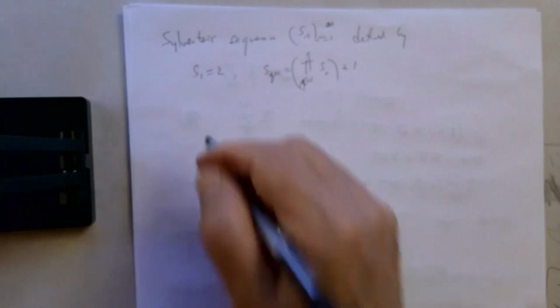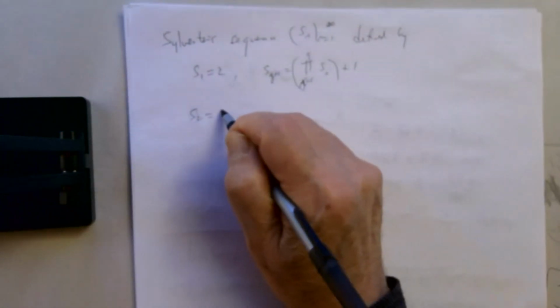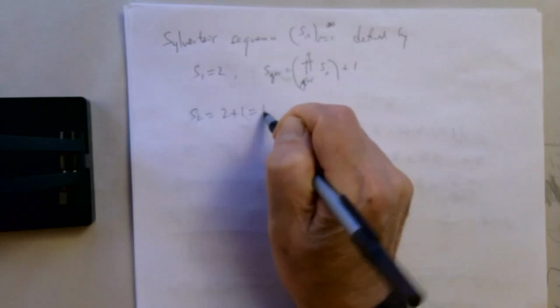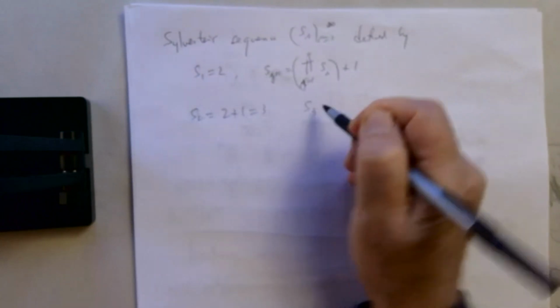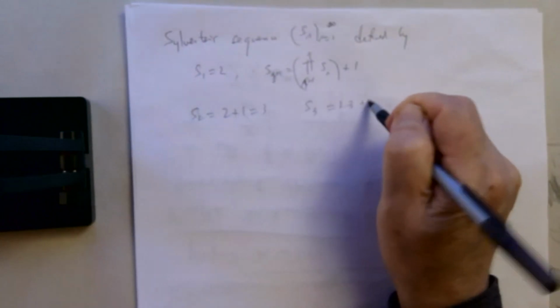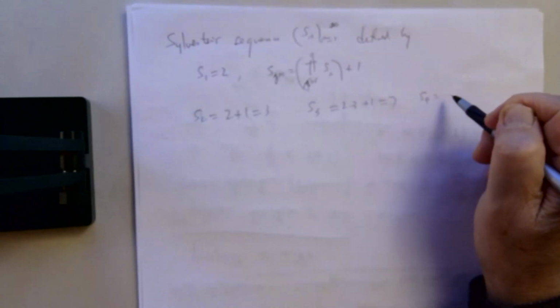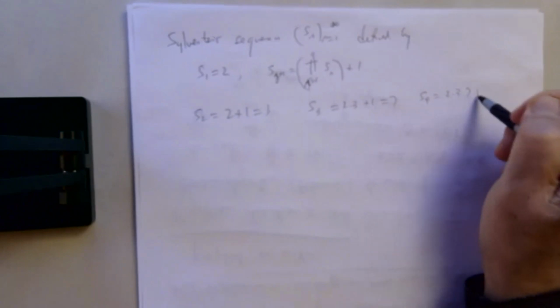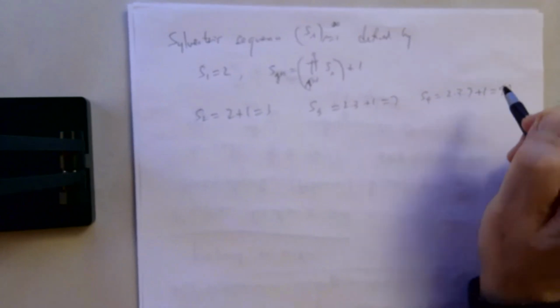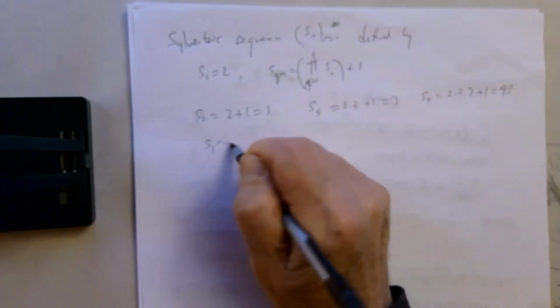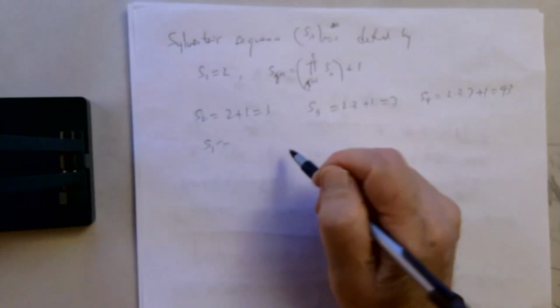So you get that S1 is 2, S2 is 2 plus 1, which is 3, S3 is 2 times 3 plus 1, which is 7, S4 is 2 times 3 times 7 plus 1, which is 43. S5, I mean, it's not hard to do the calculation.